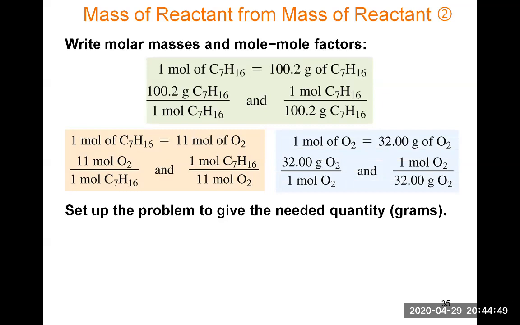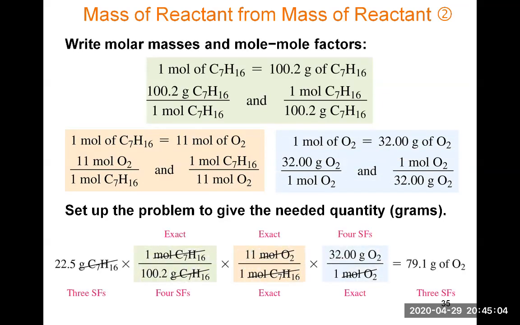So to set up the problem, you will need to rely on the unit of the given amount. And our given amount was 22.5 grams of heptane. I will show the full answer now. And so 22.5 grams of heptane is the given amount, and you will start your calculation with that.